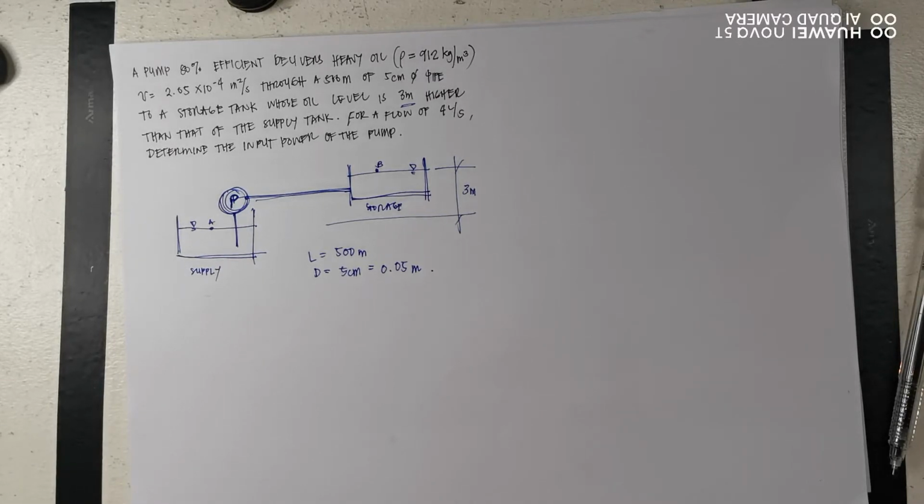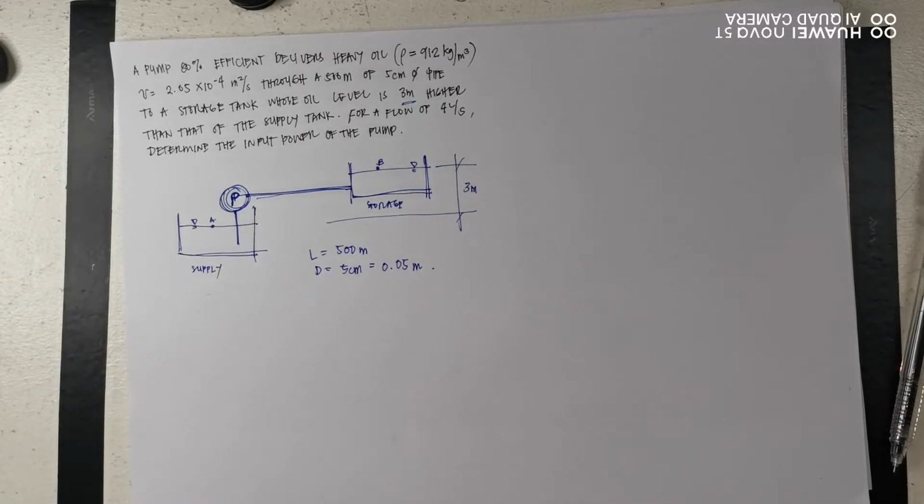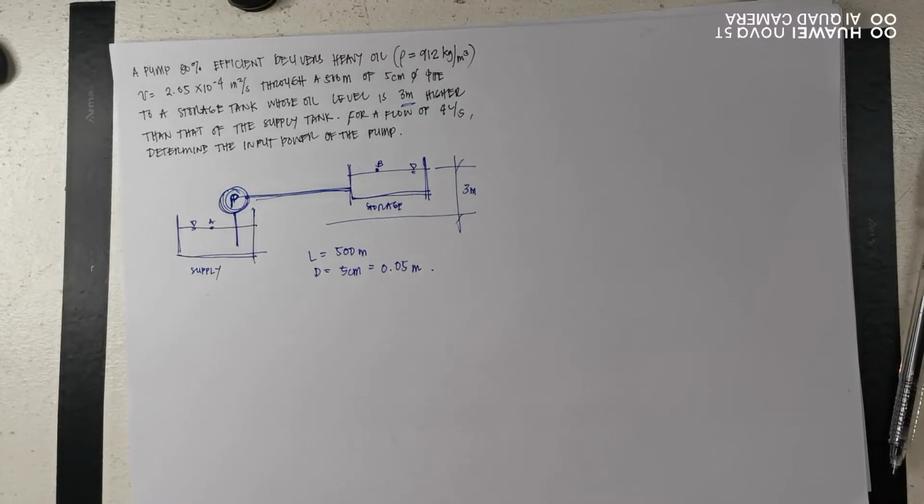So mayroong piniprescribe ng libro mga mas mabilis na solution kasi dinerive na nila yung mga mas mabibilis na formulas, no? Pero katulad nga ng sabi ko sa inyo, I personally would like to solve this gamit pa rin, pabalik pa rin tayo kay Bernoulli energy equation kung saan nagmula din naman yung mga ibang formulas.